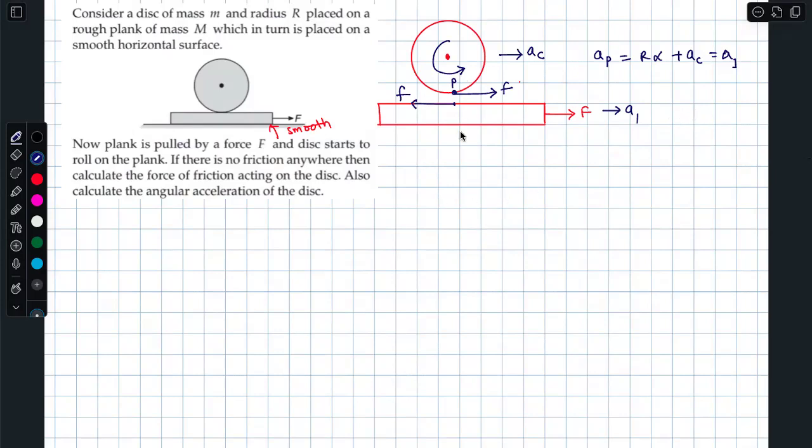Yeah. Now you apply free body diagram case. F is equal to equation 1. Equation 2. And about the center, the F is the only torque.